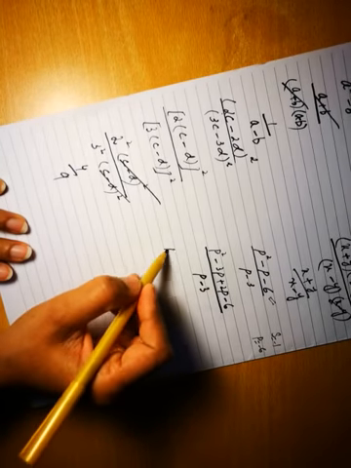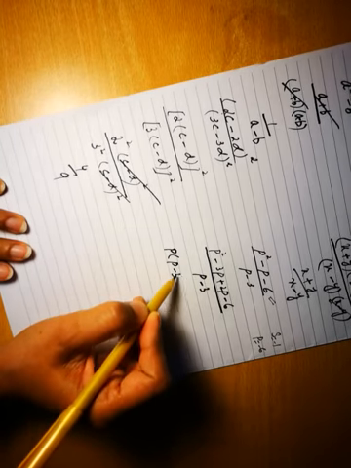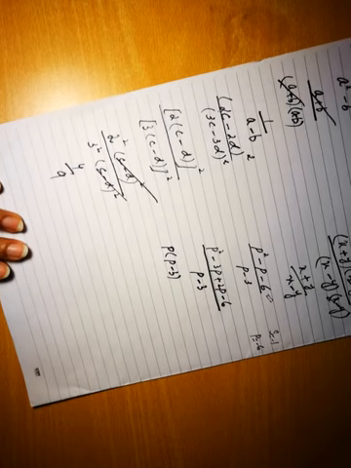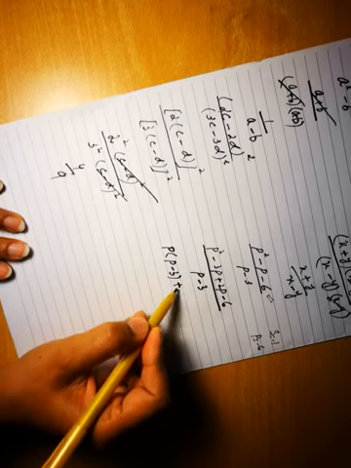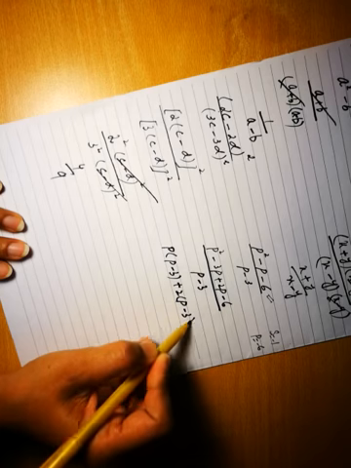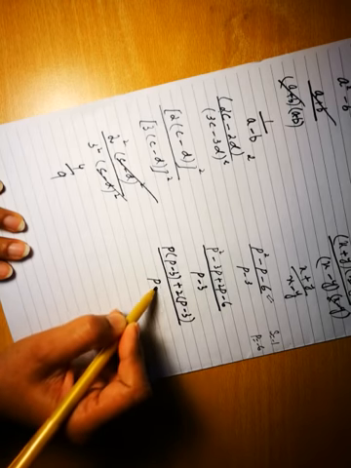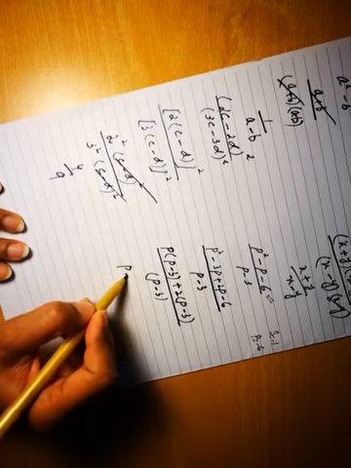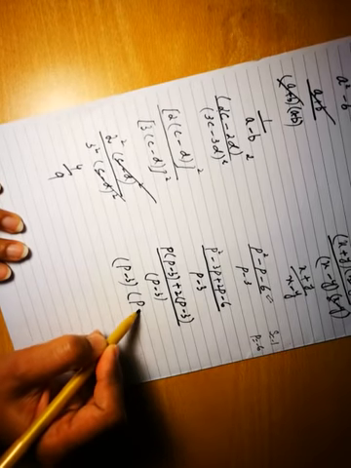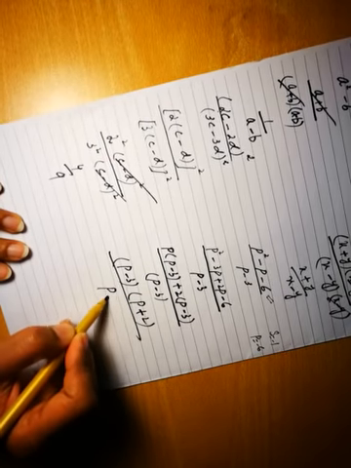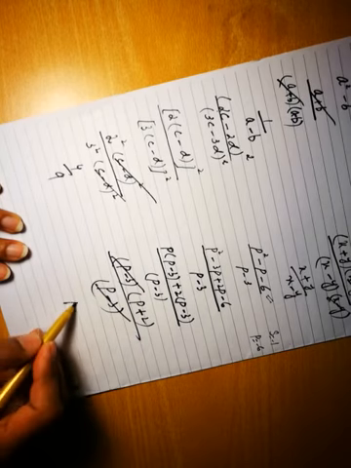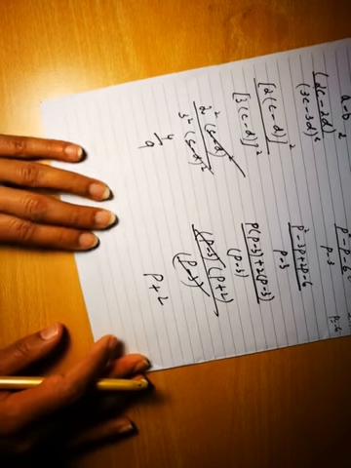So I'll be taking p common, p minus 3 plus 2 common, p minus 3 over p minus 3. So p minus 3 common, p plus 2 over p minus 3 will be cancelled out. P plus 2 is the final answer.